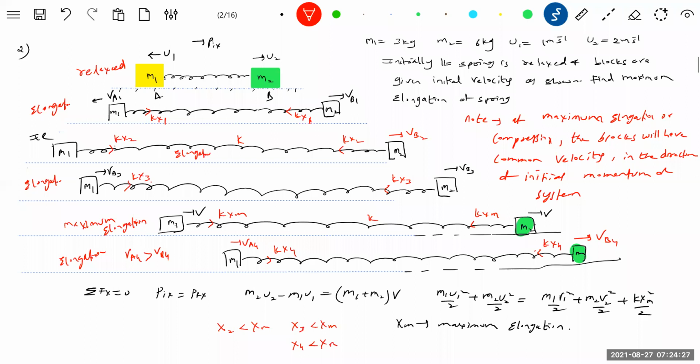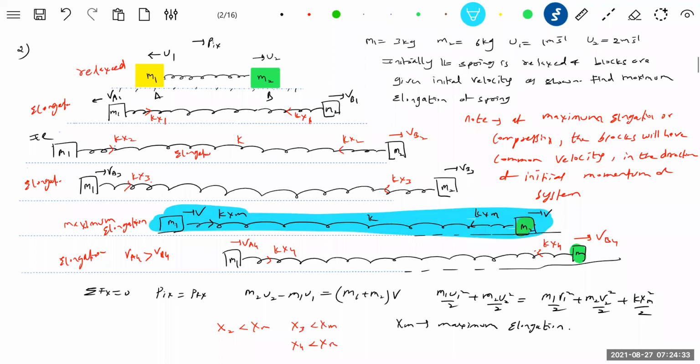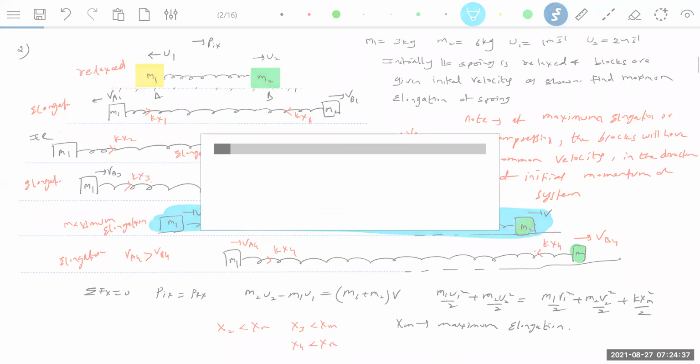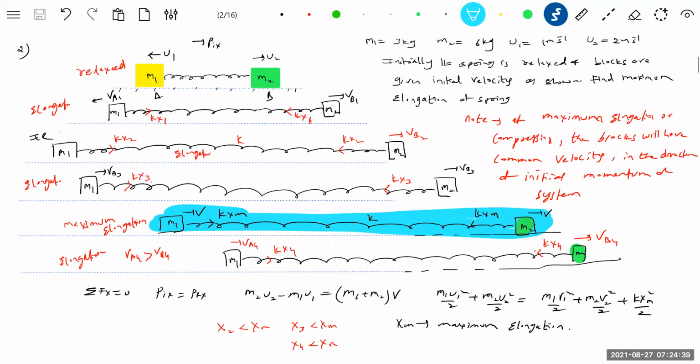So where is maximum elongation possible? Here only. And what is the velocity of the center of mass? The center of mass will continue to move.